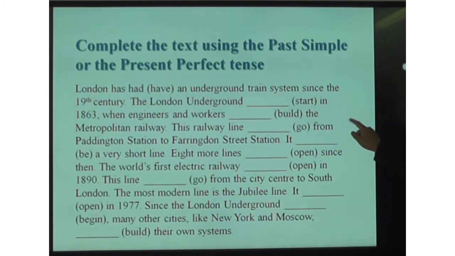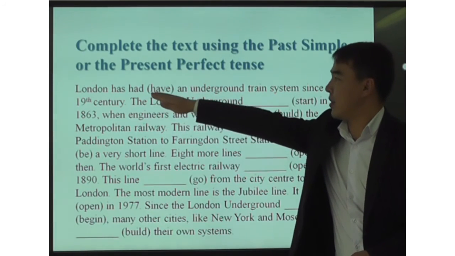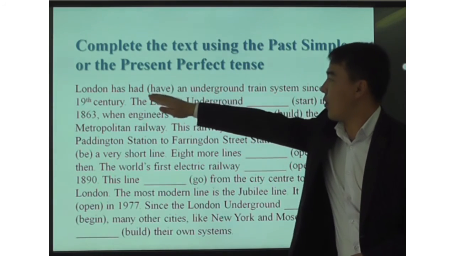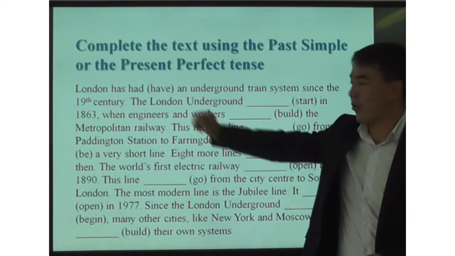Do the exercise, please. Complete the text using the past simple and the present perfect tense. For example, London has, and here have and had. It is the present perfect tense. London has had an underground train system since the 19th century.